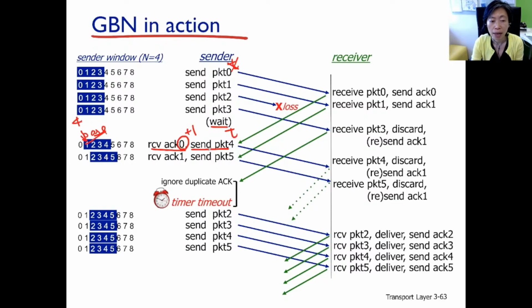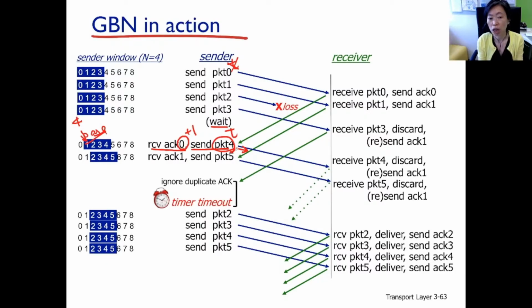And then the sender is trying to send data, so we get a call from above and trigger the top transition. Next seq num is 4. Is 4 less than the base 1 plus the window size 4? Together that's 5, and 4 is less than 5. So we can generate packet 4 and send it out. Does the base equal the next seq num?